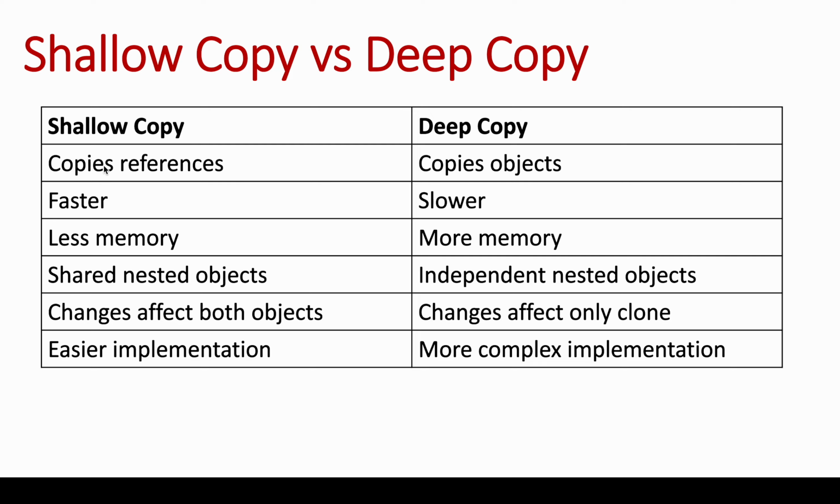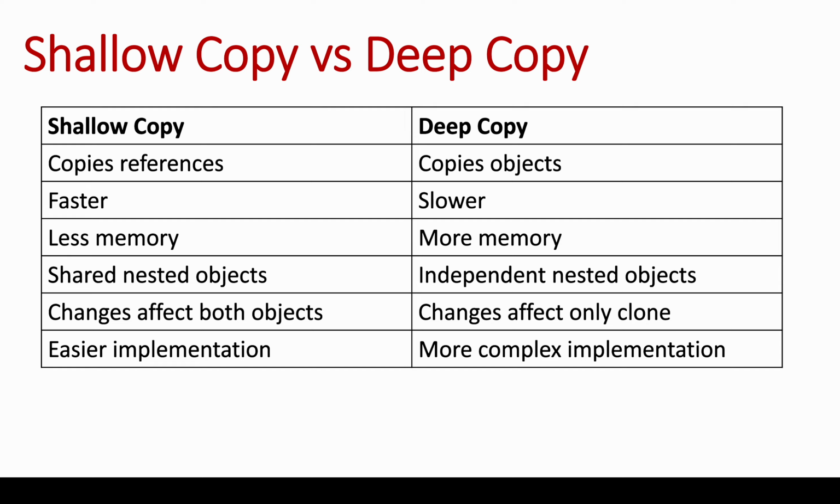You're copying references, whereas in deep copy you're copying the objects. Shallow copying is faster, whereas deep copying is slower. Shallow requires less memory, deep requires more memory. Shallow has shared nested objects, deep has independent nested objects. In shallow, changes affect both objects; in deep, changes affect only the clone. Shallow is an easier implementation, deep is a more complex implementation.